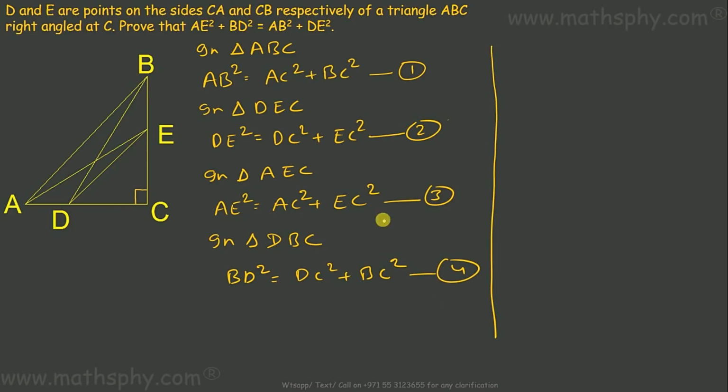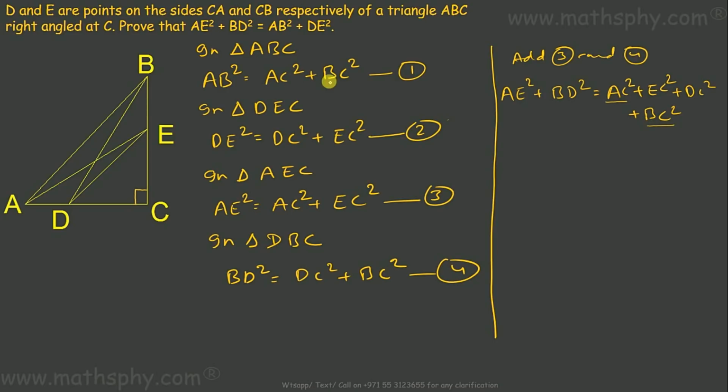Now you see, if I add 3 and 4, adding 3 and 4 will give me AE square plus BD square equals AC square plus EC square plus DC square plus BC square. Now AC square plus BC square is equal to AB square.